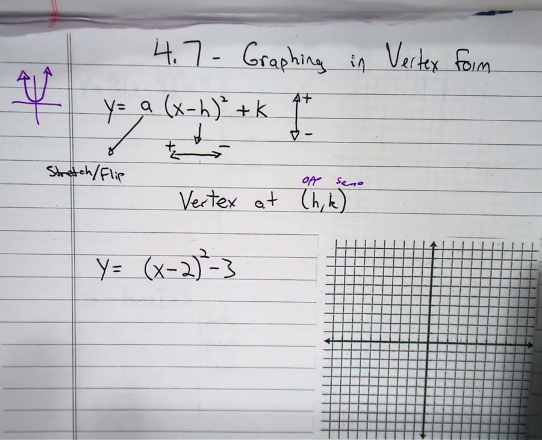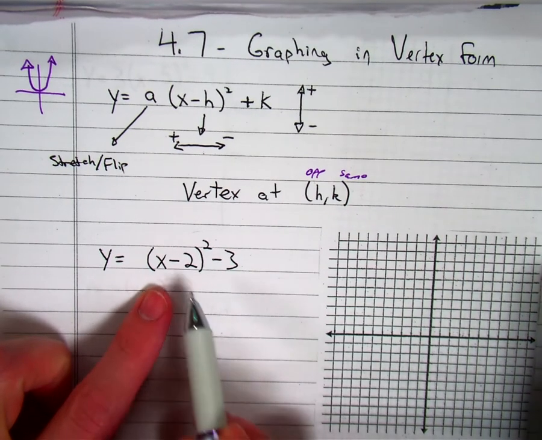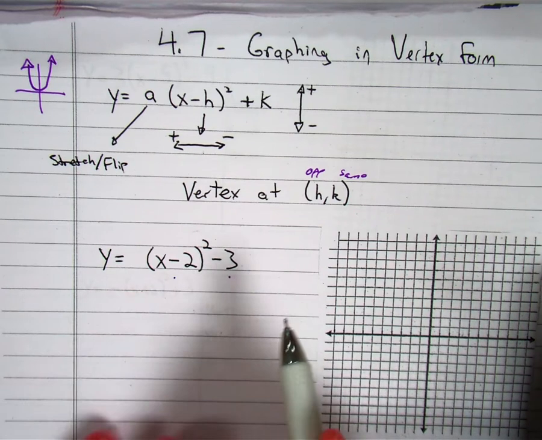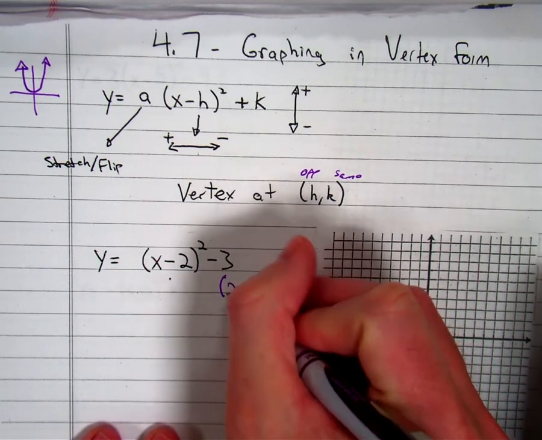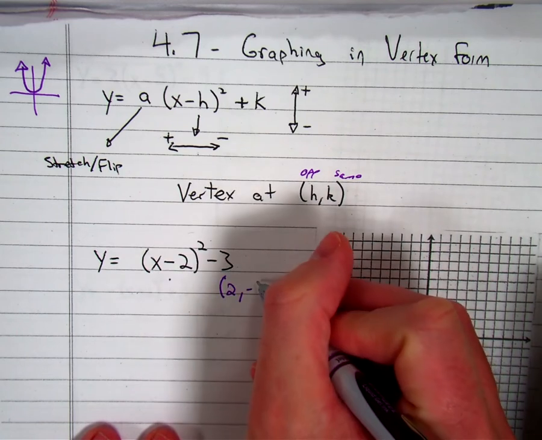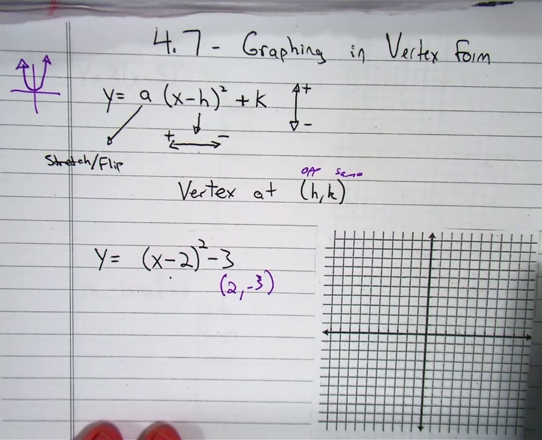All right, seeing it in action is going to be a lot better than looking at the letters. So here we have (x minus 2) squared minus 3. My vertex is going to be opposite, comma, same. So my vertex is going to be at positive 2, comma, negative 3. See? Easy stuff.